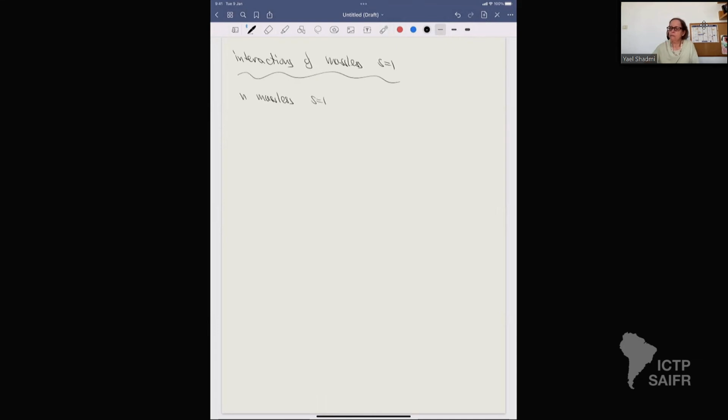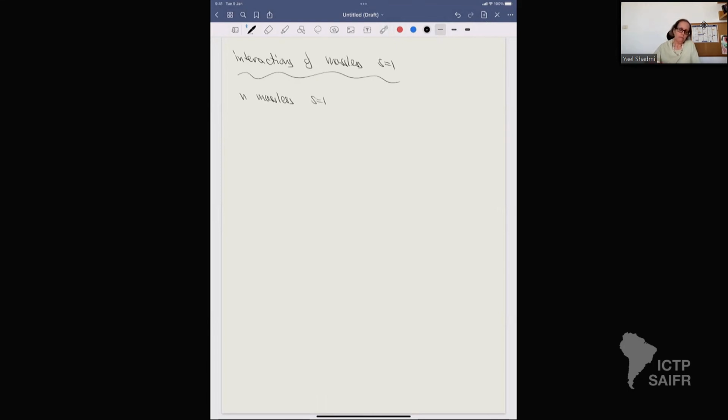And so if you want to think of something concrete, you can think about gluons in this context, or photons, or W bosons in the unbroken phase. And there's nothing else in the theory besides these guys.